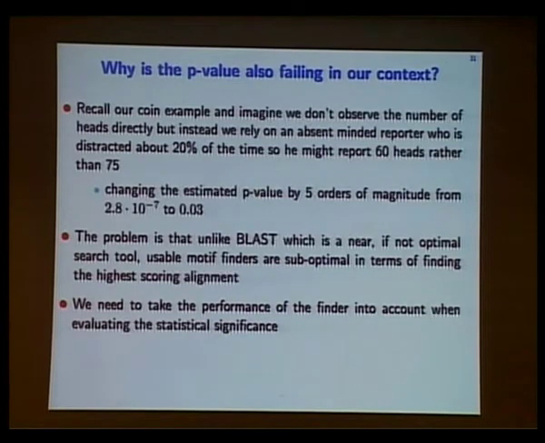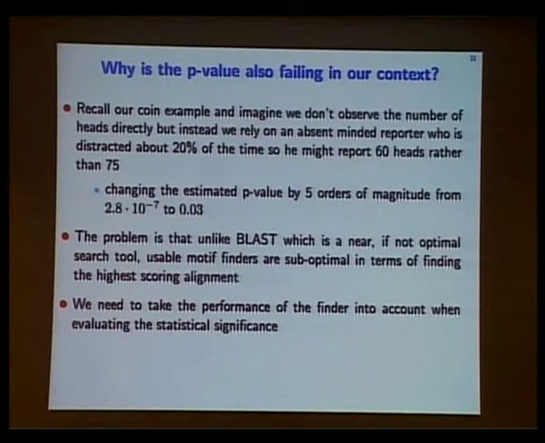And motif finding in some sense is a manifestation of the multiple alignment problem, local multiple alignment, and we really don't have anything near an optimal solution here. Right? So there are these absent-minded reporters who give you back something, but it's suboptimal. They don't really give you the best motif in there. They give you the best that they could have found.